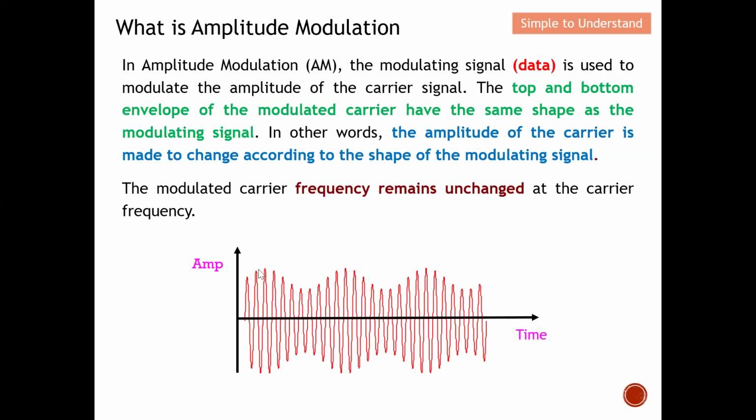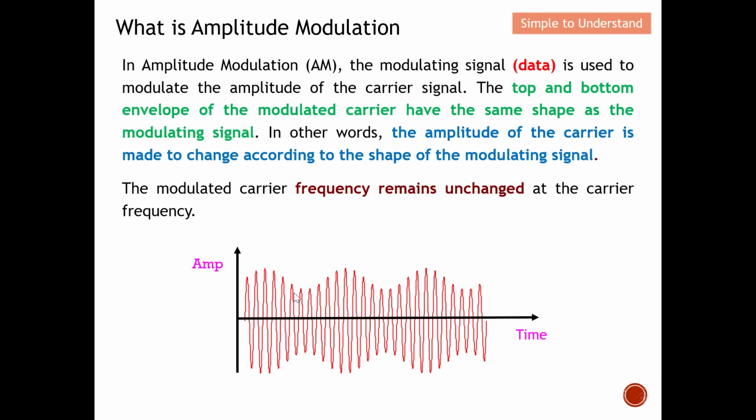Later on, I will show you what I meant by these sentences. In other words, the amplitude of the carrier is made to change according to the shape of the modulating signal. The modulated carrier frequency remains unchanged at the carrier frequency.